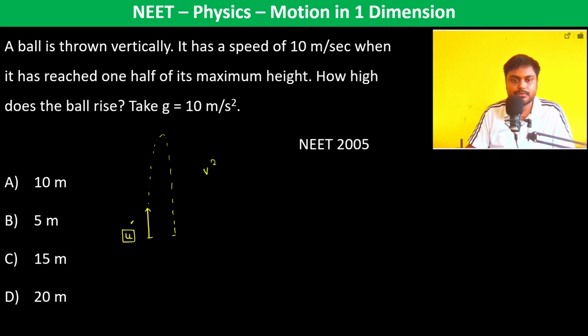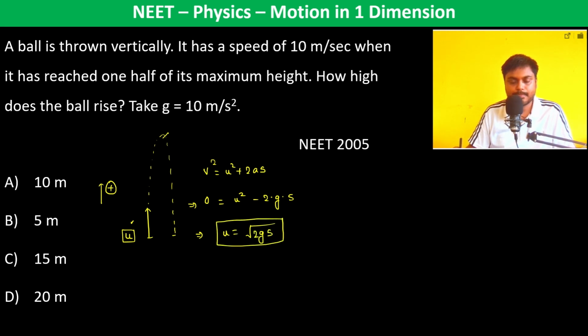We do this: v square equals u square plus 2 into a into s. Final velocity here is going to be 0. U square, we are taking this as positive, minus 2 into g into s, which is the maximum height. So u is going to be root over 2gs. The height is s.